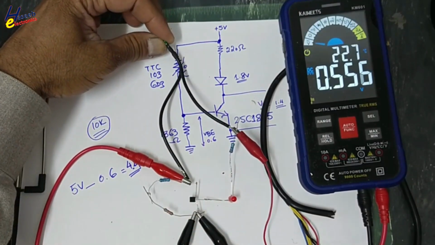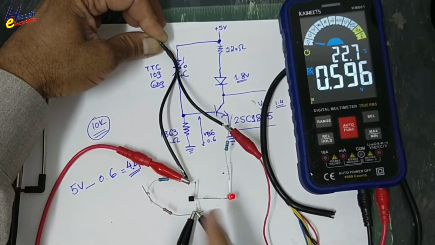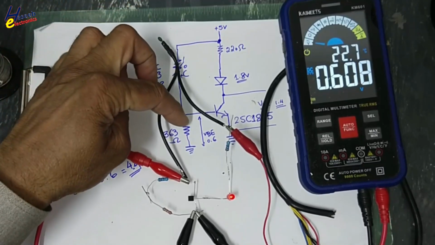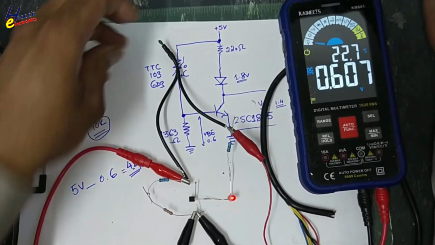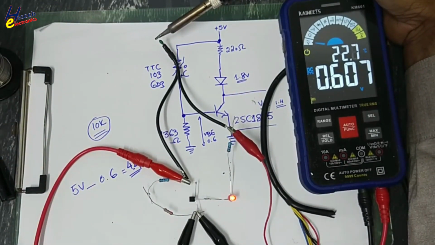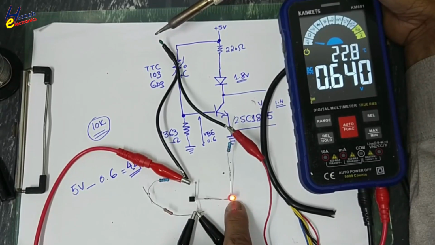When its temperature will increase, it will amplify a linear signal. It is linear amplifier. Basically, we are controlling the base current. If the base voltage will increase more and more, its conduction will increase, and this time the LED is full bright.